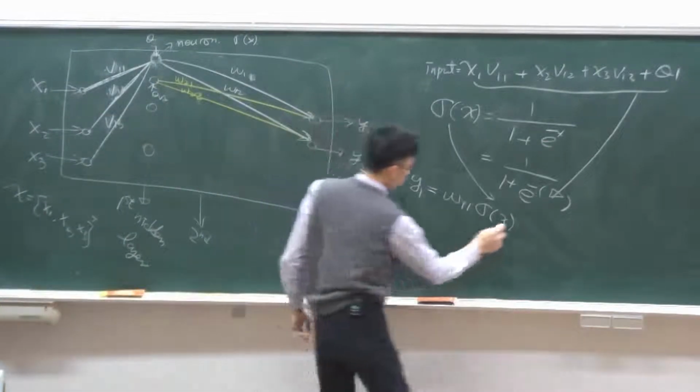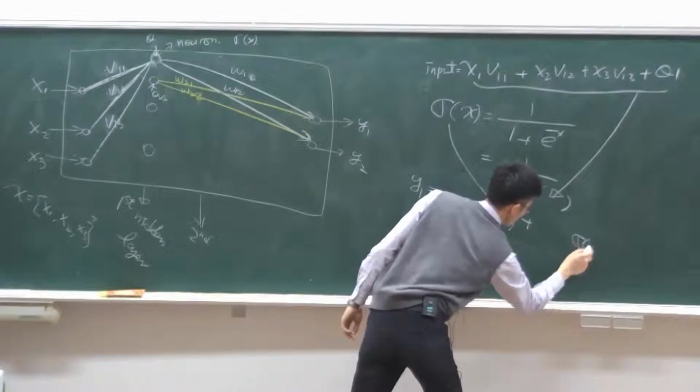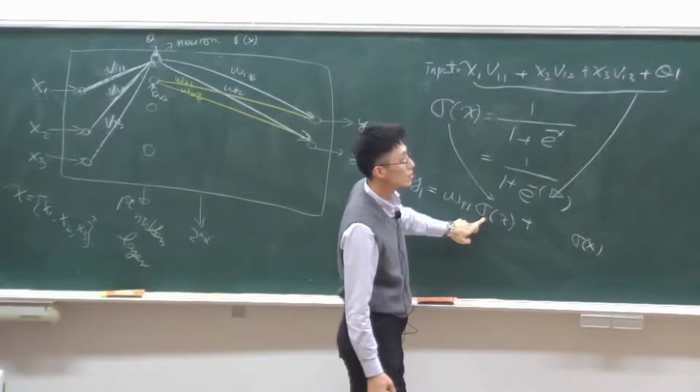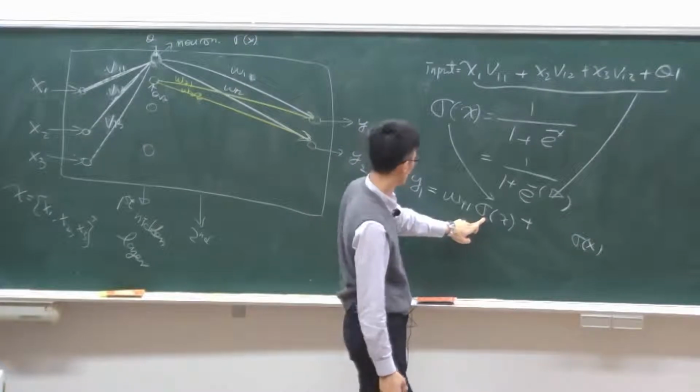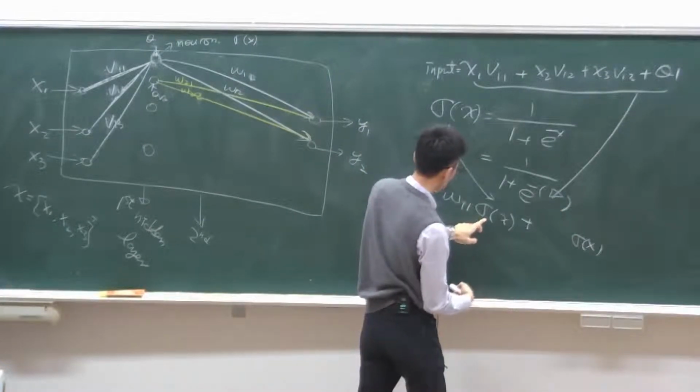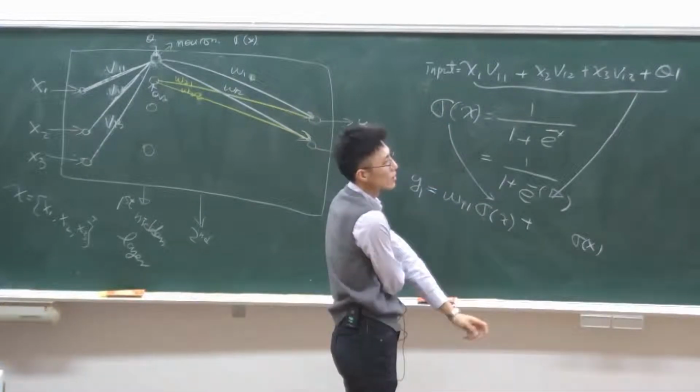So plus, this is from another neuron, so we should label this by whatever. 这边没有 label，那我就先不 label. This is from first neuron.